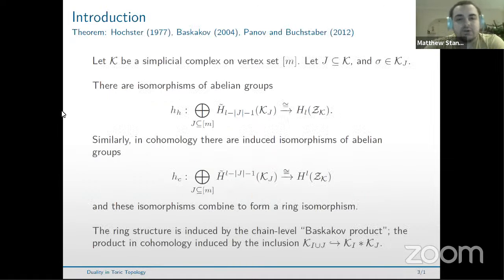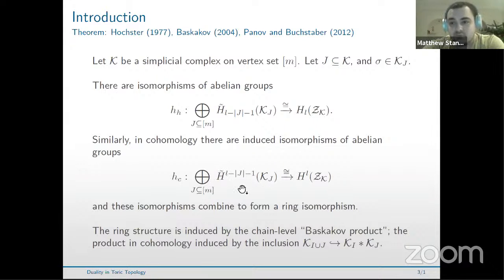So the first one is due to Hochster, Baskakov, Panov, and Buchstaber. Now, this essentially tells us how to decompose the cohomology ring of ZK in terms of the combinatorics of the simplicial complex K. Now, one thing which the astute observer might note is that if we look at this second isomorphism which I give here, the left-hand side is this direct sum over subsets of the vertex set of these cohomology rings of full subcomplexes.